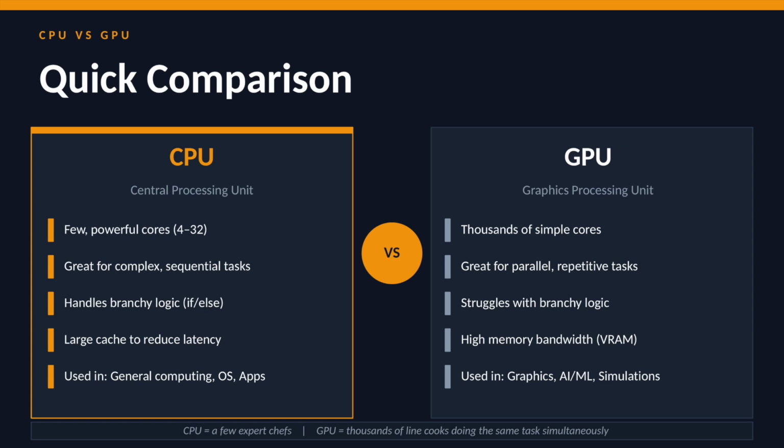It is best for massive parallel tasks like calculating the color of millions of pixels all at once. A simple analogy: the CPU is like a few expert chefs who handle complex dishes one at a time. A GPU is like thousands of line cooks all making the same dish simultaneously. That's why AI training and graphics rendering use GPUs, because it is perfect for parallel workloads.